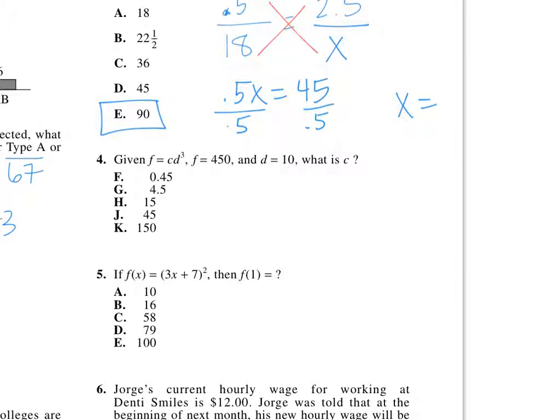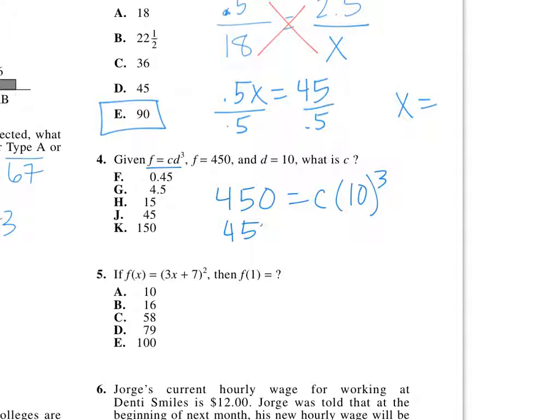Given that f equals c times d to the third, f equals 450, and d equals 10, what is c? So here we've just got to plug in what we know into this original equation. So instead of f, I'm going to put 450. C, that's the one I don't know. And then instead of d, I'm going to put 10, and that third power stays there.